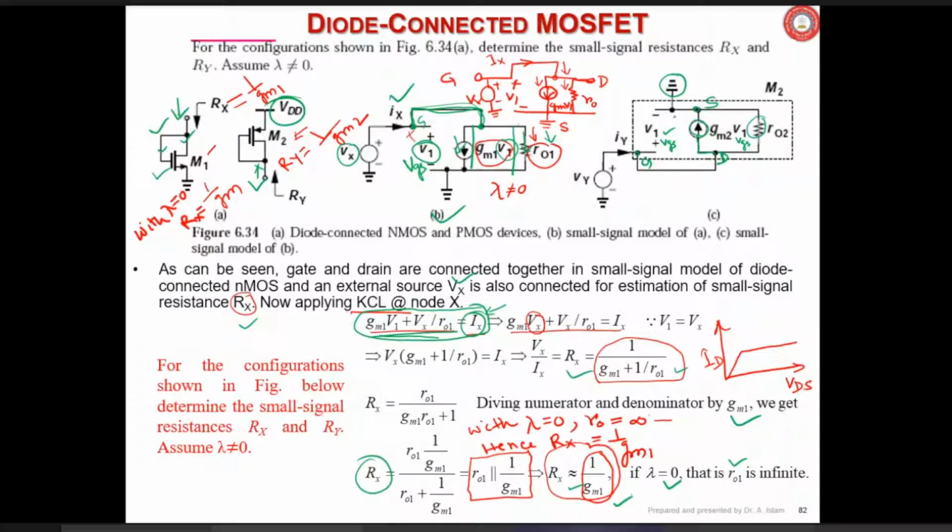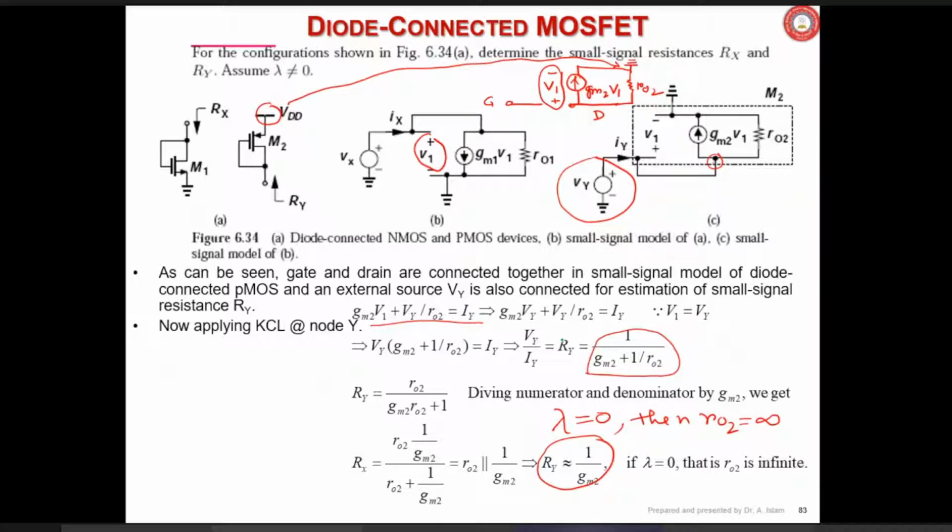Anyway, as you see, the source side is grounded because it is an independent voltage. Now apply the external voltage and apply KCL at this node, and you will get the value of Ry by the same method. This is the same way we got Ry also.